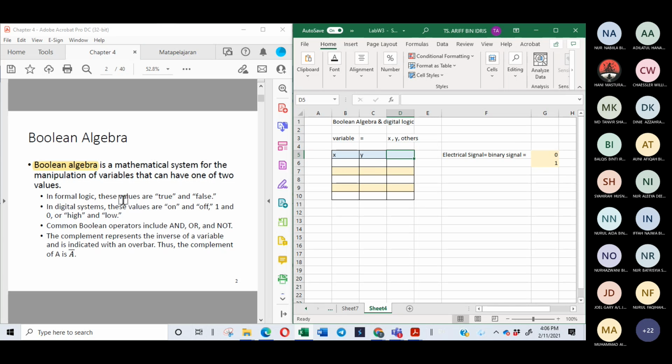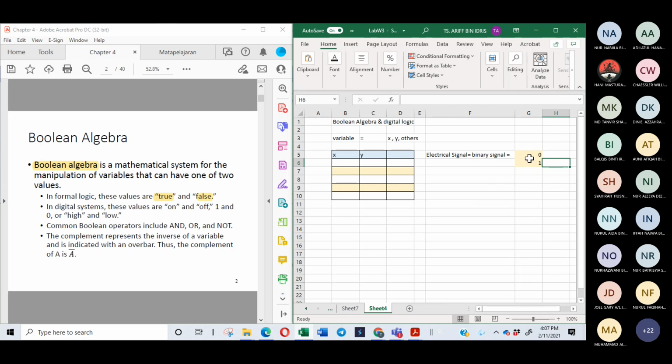In formal logic, these values are true and false. The true and false is represented depending on the electrical signal, such as the one that we have here, either 0 or 1.